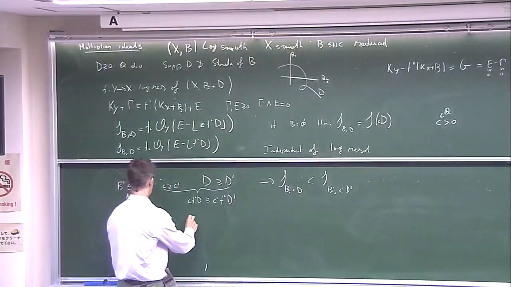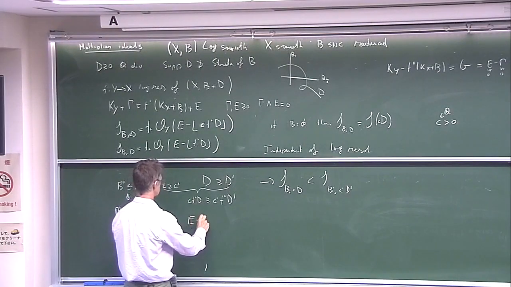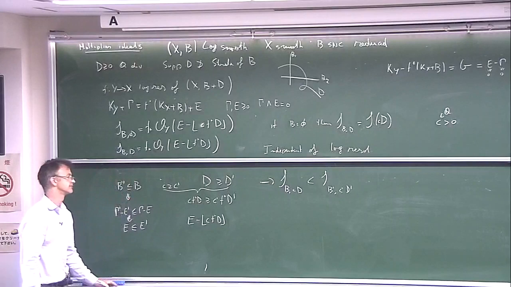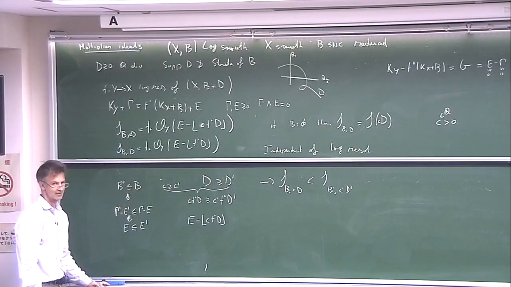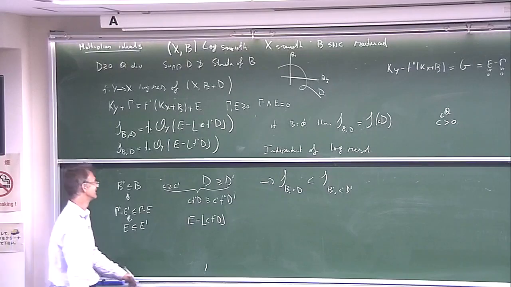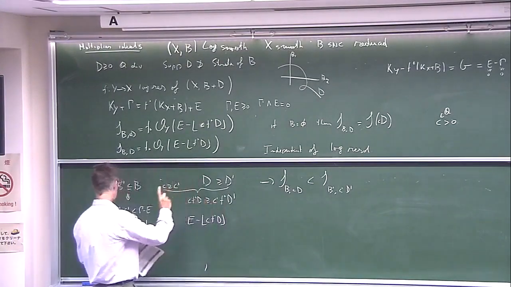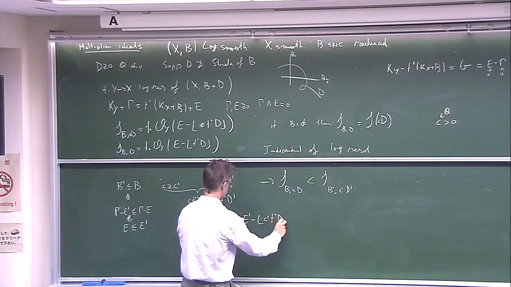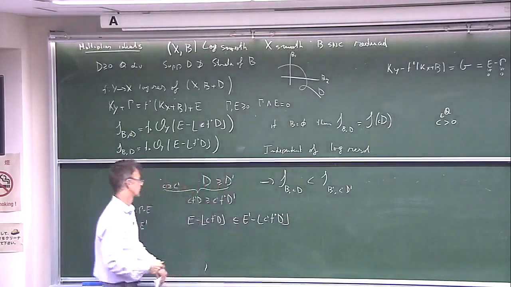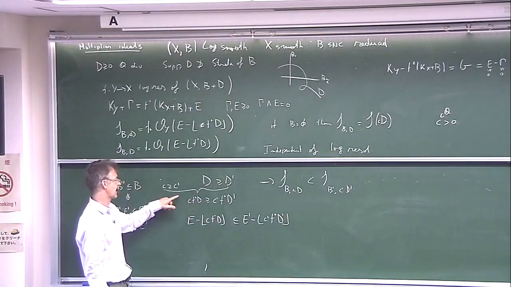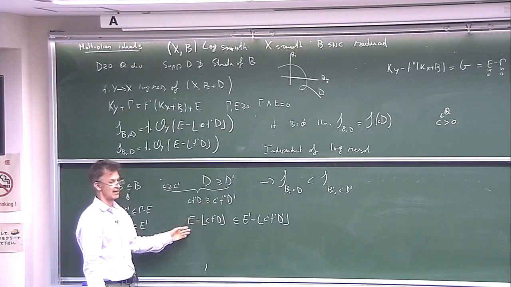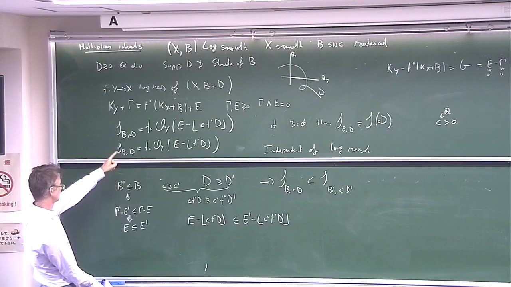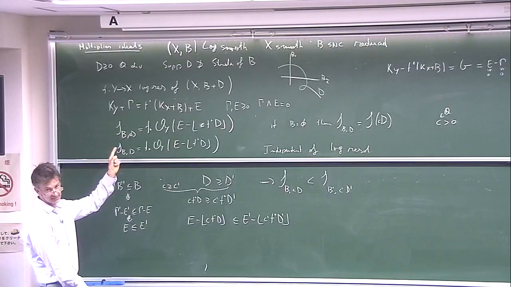So then you obtain that E minus the round down of C f upper star of D, I'm sorry, you're right, you flipped the primes, I got confused. E is less or equal to E prime minus the round down of C prime pullback of D prime. Because if I have this inequality, then I have a similar inequality with the round downs. And by the way, E and gamma are integral divisors in this picture.